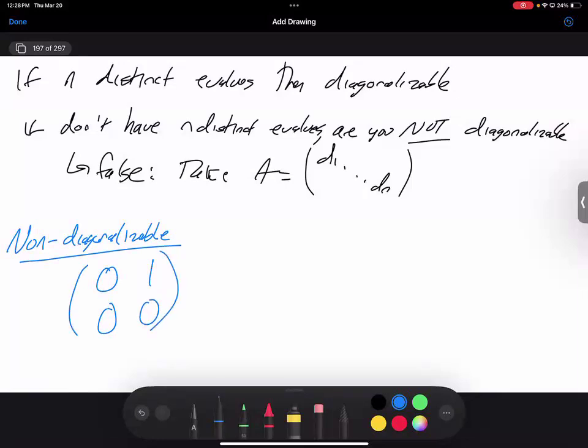We want the matrix to have repeated roots, to have the same eigenvalue. So if we make the matrix upper triangular, then the diagonal is the eigenvalues. So the simplest thing we can look at.